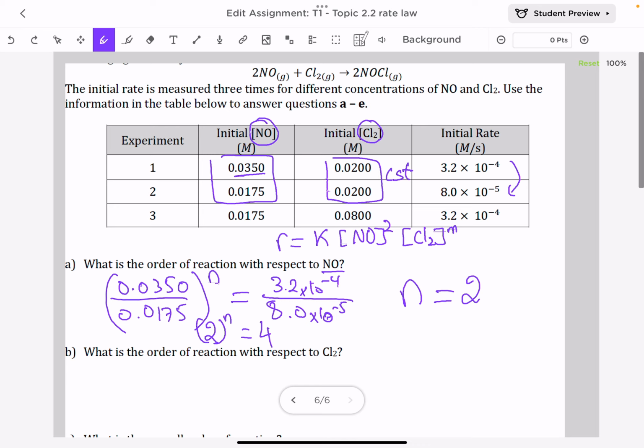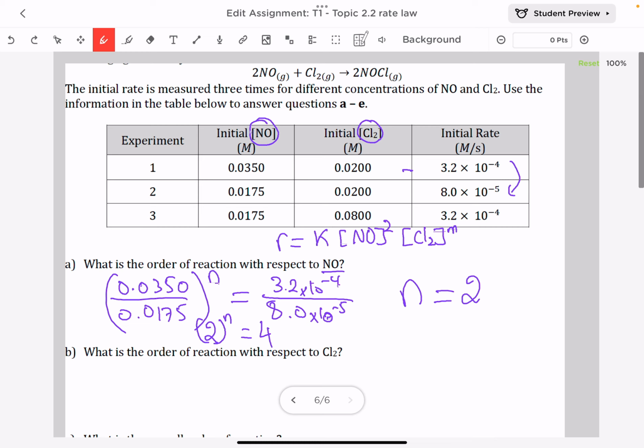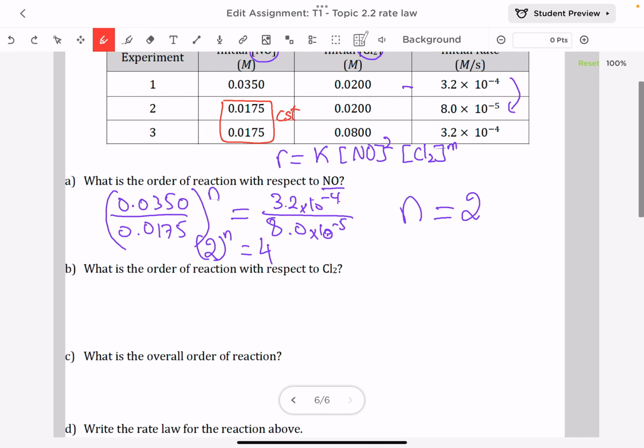Second order. Now it's time for Cl2. I'm going to take two trials where NO is constant and Cl2 is changing. So that means trials 2 and 3. The higher number divided by the smaller number. So 0.0800 over 0.0200 to the power of the order of Cl2, which we don't know yet.